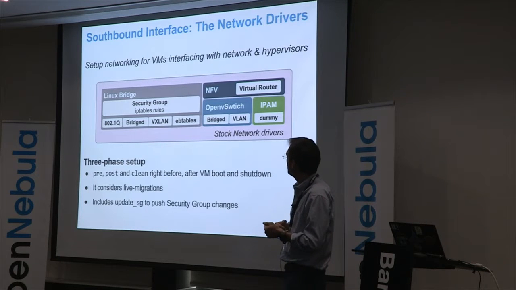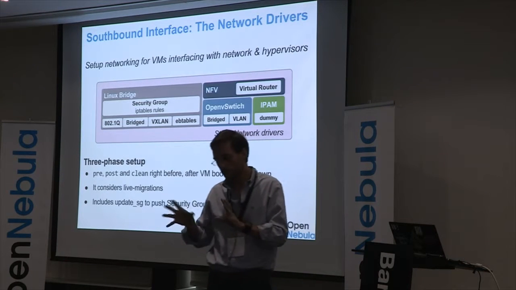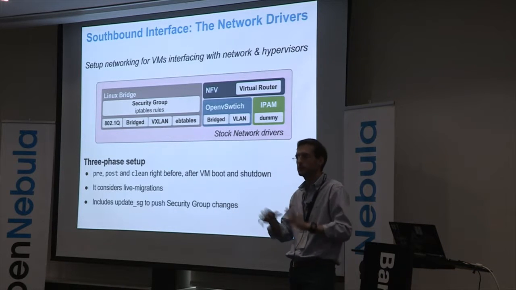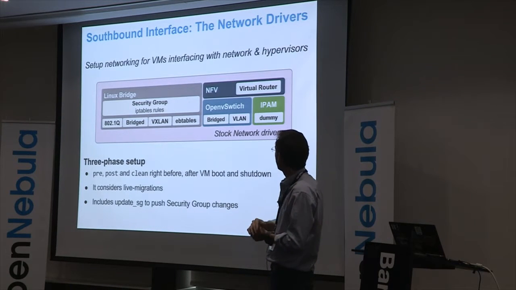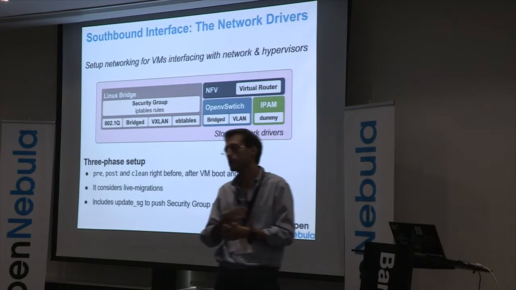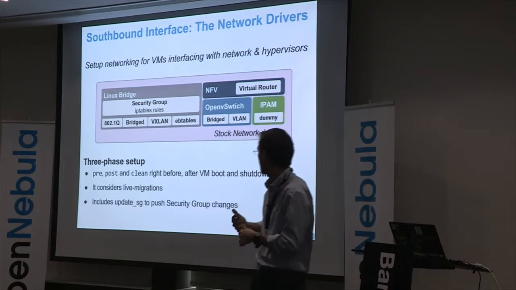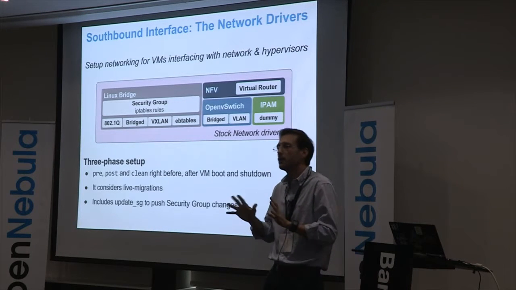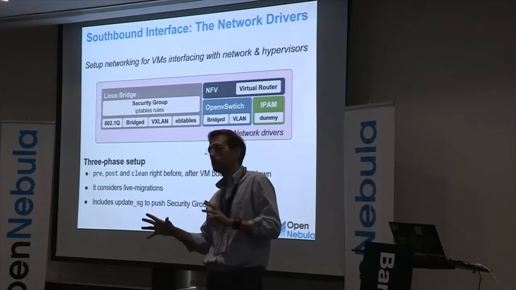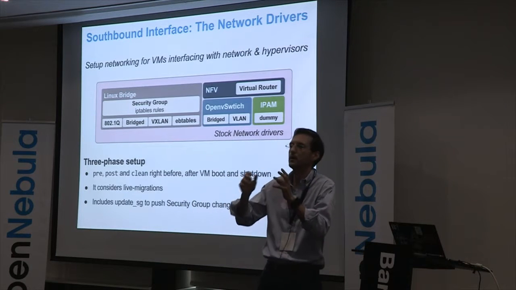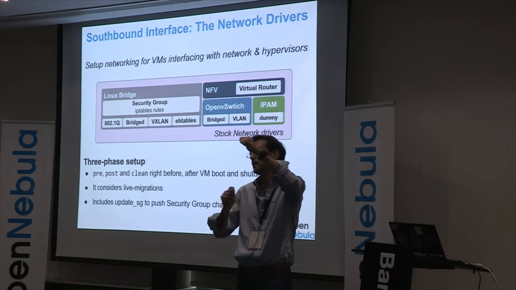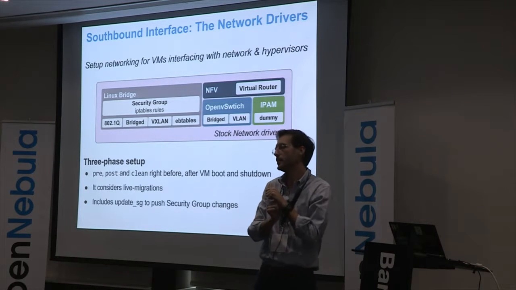Then we have the virtual router, which is not a specific driver, but is the NFV that you can use to interconnect networks in OpenNebula. And in 5.2, we have a new set of drivers, which are the IP address management drivers. So right now, when a virtual machine is created, OpenNebula is in charge of checking which IP addresses are free and assigning the IP address to the virtual machine.